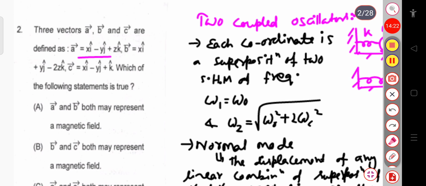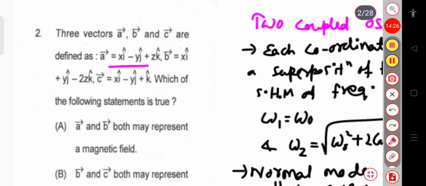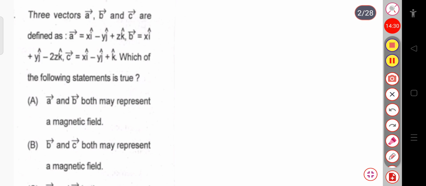Now here you have to find whether A vector or B vector or C vector represents a magnetic field. So first of all, to solve this you should note that to check whether the vector is a magnetic field or not, you have to check Maxwell's equation, del dot B equal to 0.